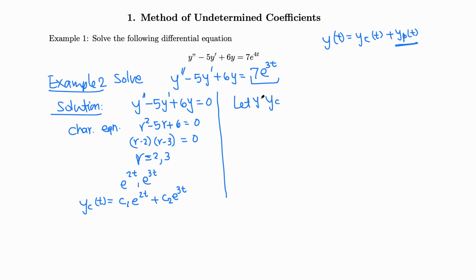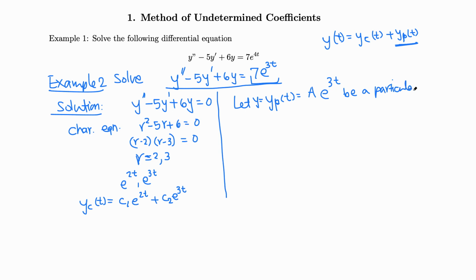Now, like last time, looking at the right hand side, this non-homogeneous term, we guess. Let y, to make it easier, be just e raised to 3t times a, some unknown a. This is a particular solution, yp. Let y be a solution of this whole equation, and we want to determine a from this.